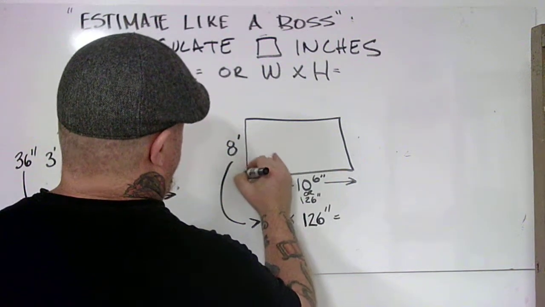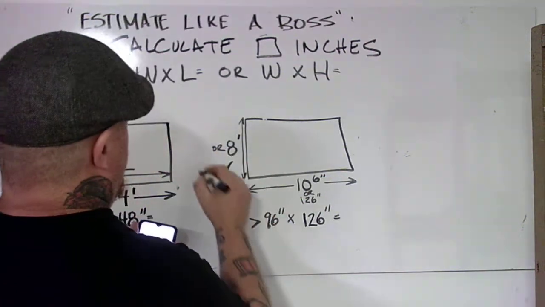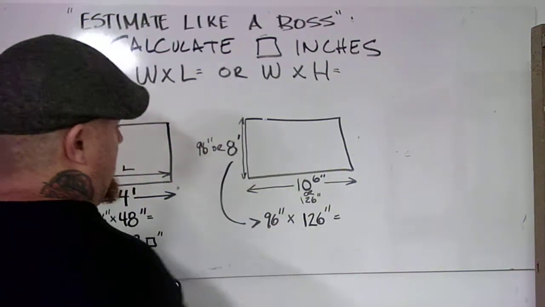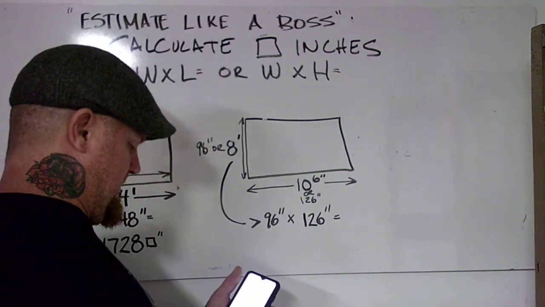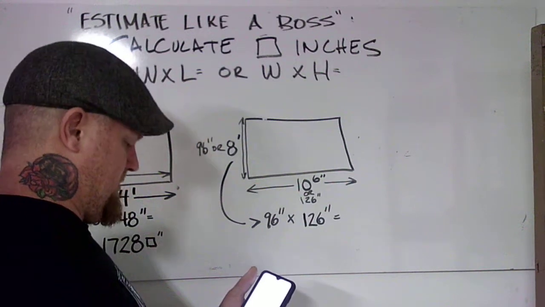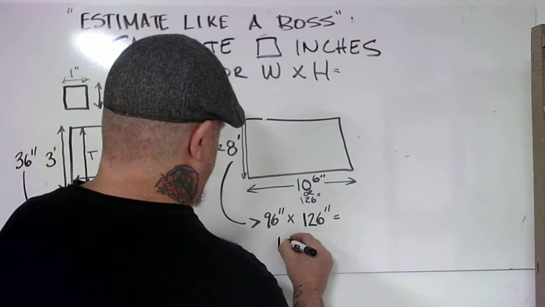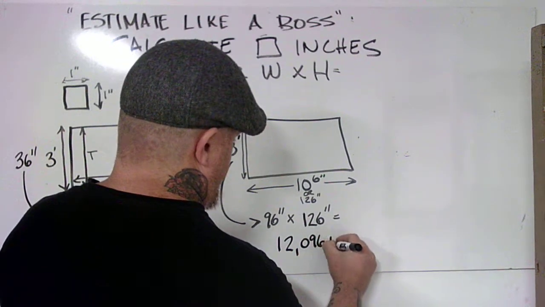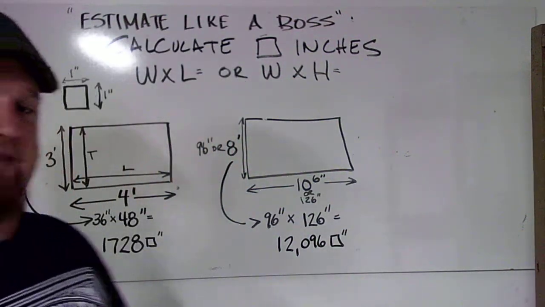This is 8 foot, or 96 inches. Now we're going to take these two numbers and multiply them together. 96 times 126 equals 12,096 square inches.